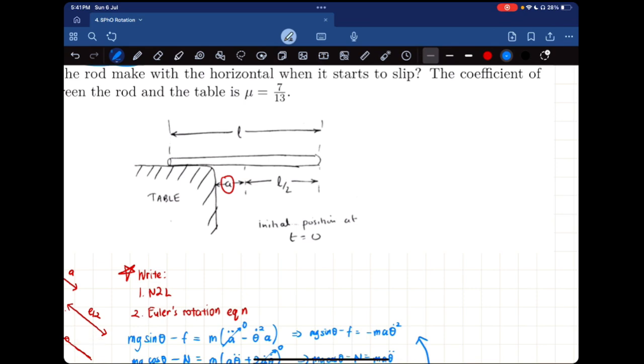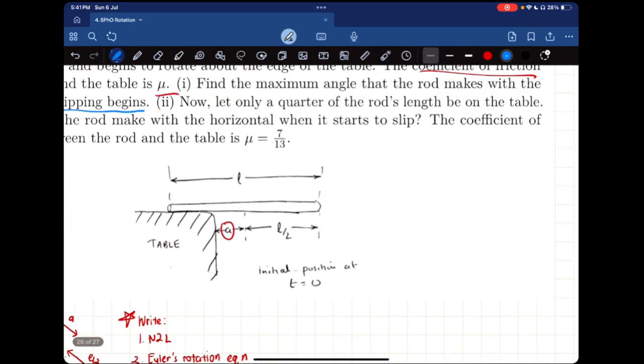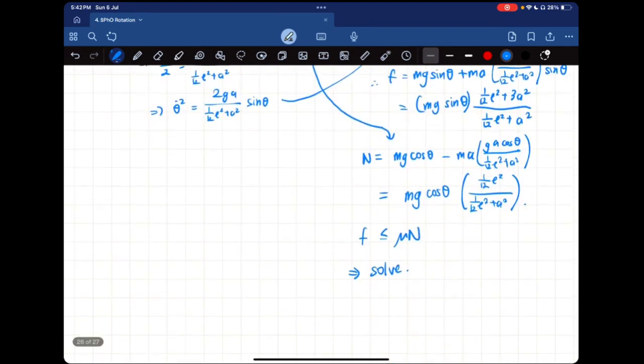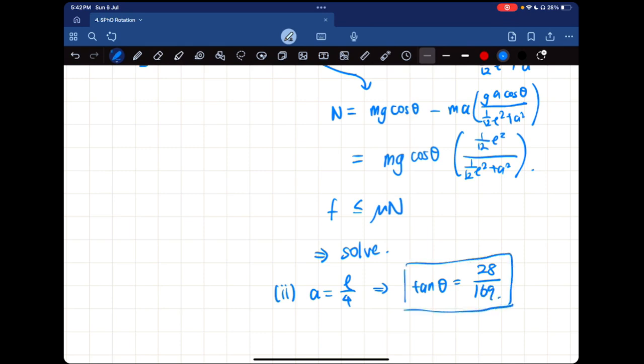So your a is just L over 4, and you can just plug that in here and you should get this. It's your final result.